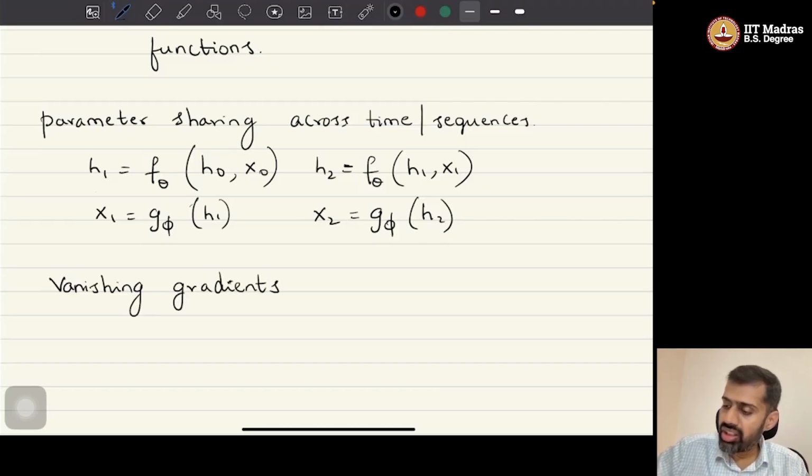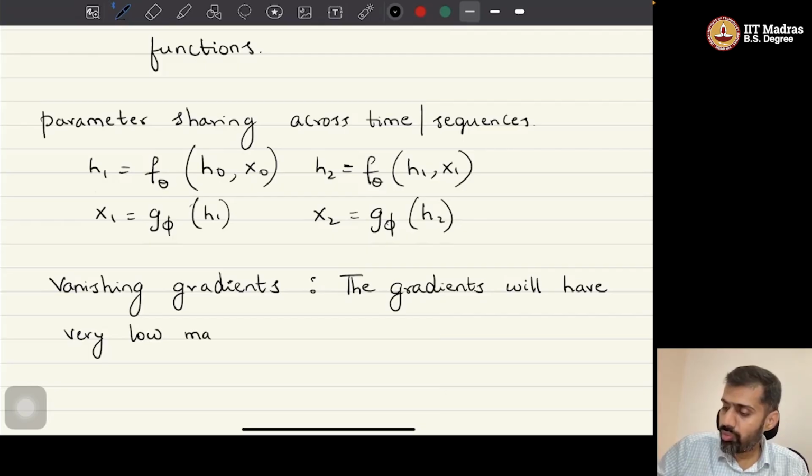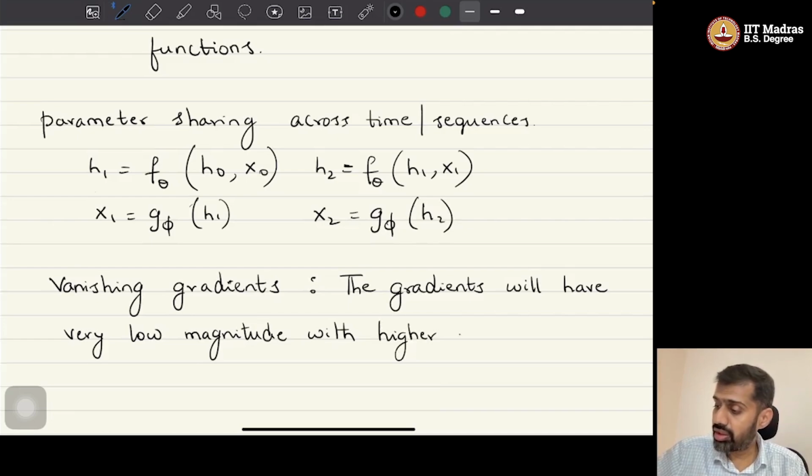This is the issue of vanishing gradients, where the gradients will have very low magnitude with increased sequence length, with higher sequence length.